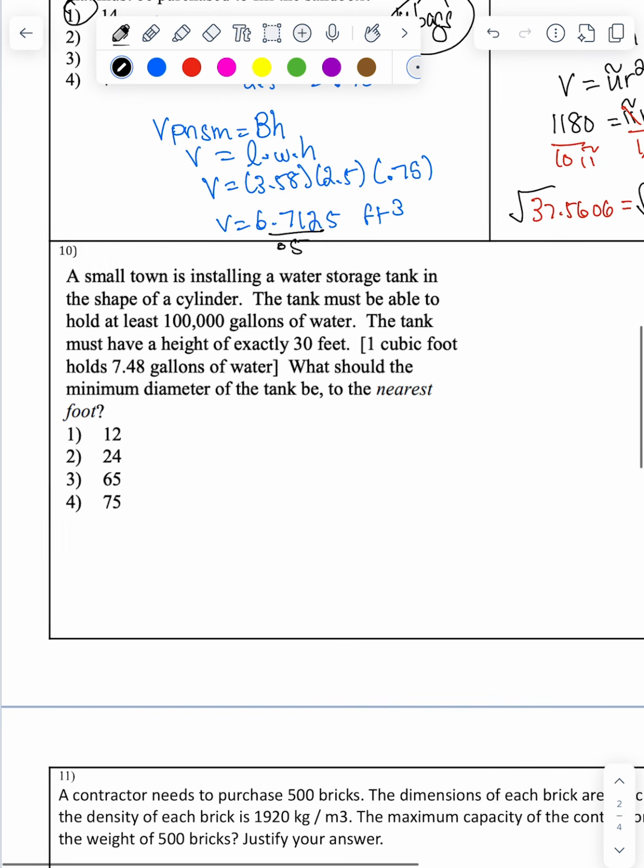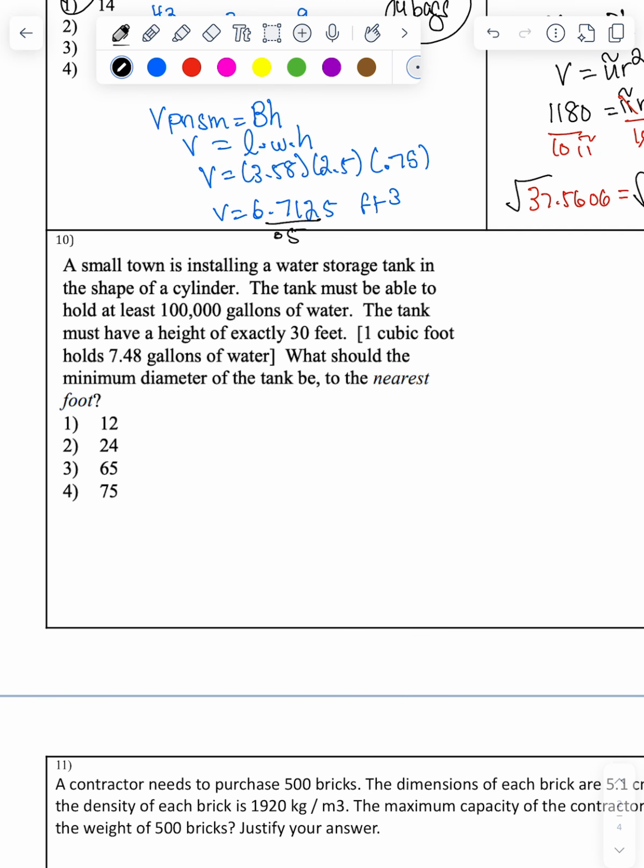Okay, moving down to the next one. They give us that the water storage tank has to hold 100,000 gallons of water. So that's the volume that it has to hold. So they're providing us with the volume of this cylindrical water storage tank. And they're also giving us the height. And the height is in feet. So gallons and feet, those are not the same unit.